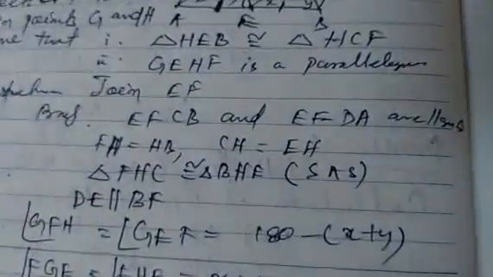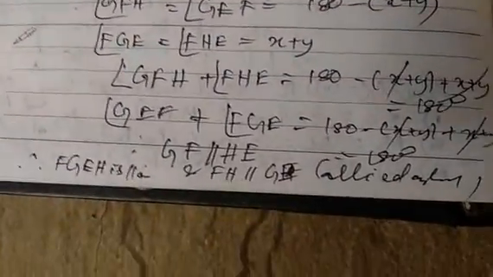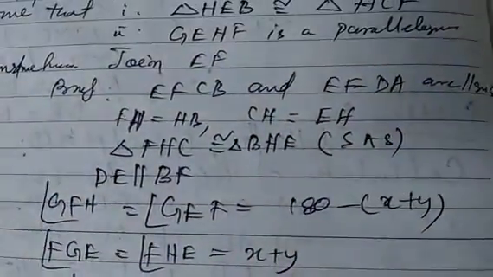And after that, you have to prove GFH is a parallelogram. Just go through the workout of the problem, you understand. Try to understand. The problem is made for your understanding. You can understand easily. Go through.